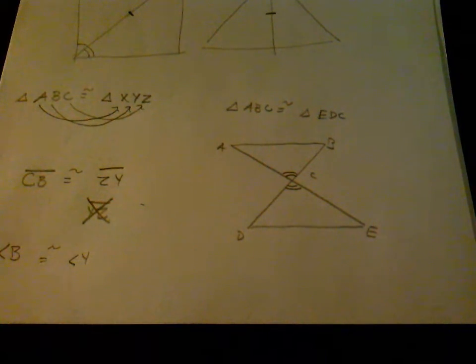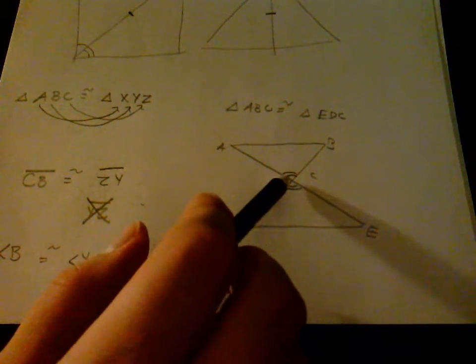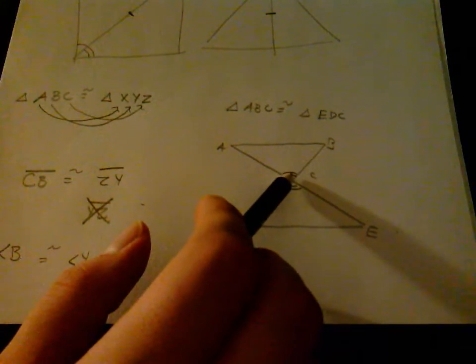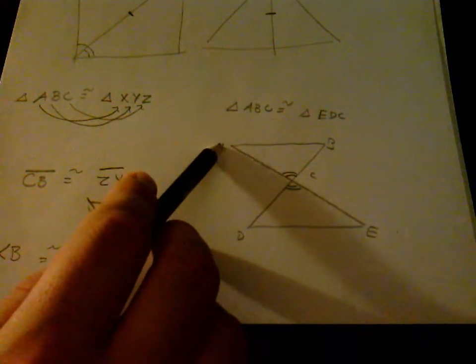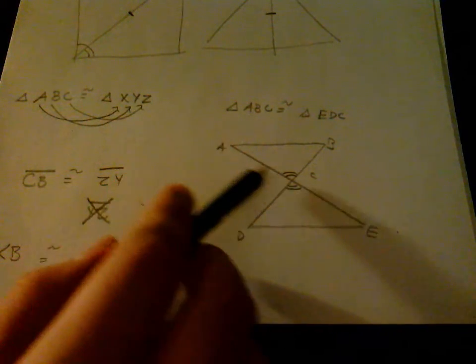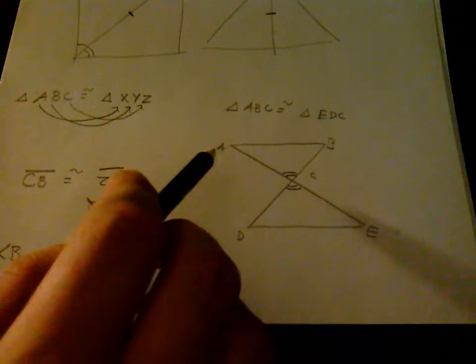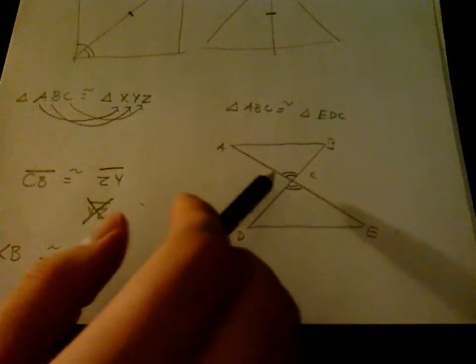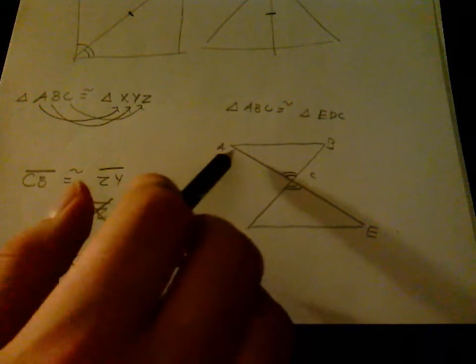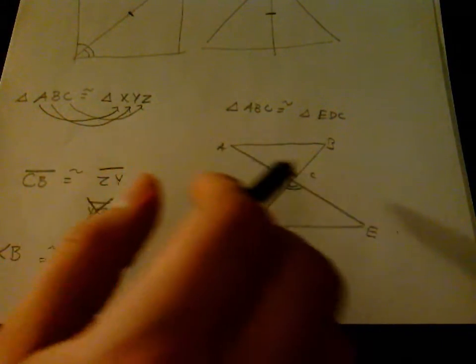Okay, so these angles cannot be just named by one letter because there's two C's. So we have to name the angle by using the side letters to help us. The C always goes in the middle because it's what's known as a vertex. It's where the two lines meet. So this is the vertex of ACB.